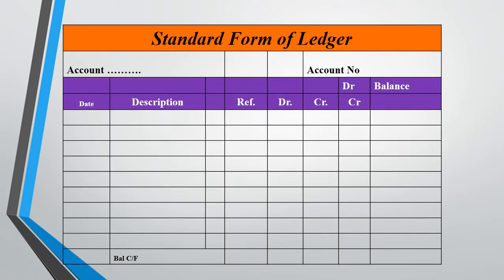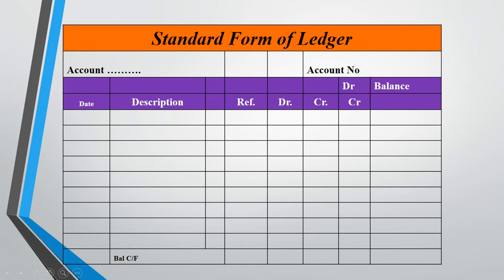Now come to the format of the ledger. We have two types of ledger forms. One is the standard form, the second one is the T form. In standard form, we have a date column, a description column, a reference column, debit, credit, and also the balance of debit and credit.